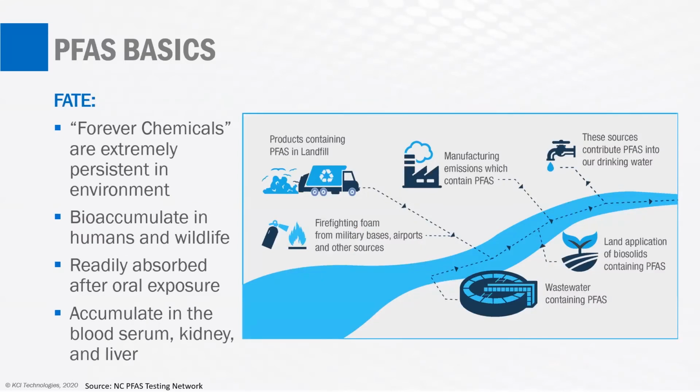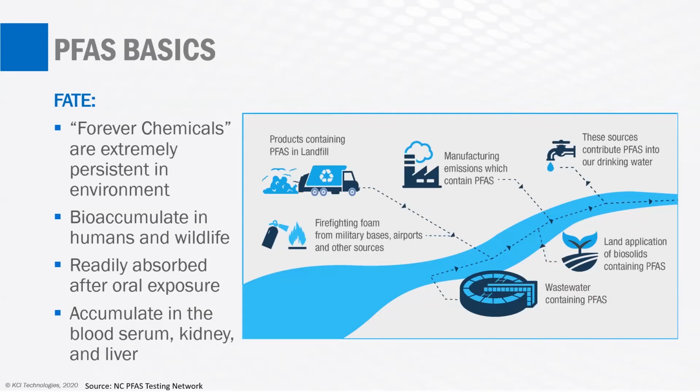So in this slide here, the illustration to the right depicts how the PFAS get into our drinking waters. On the top left side, that represents direct discharges into drinking water sources. You can see it coming out from factories where PFAS is being manufactured or used.